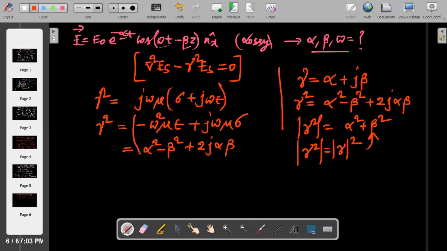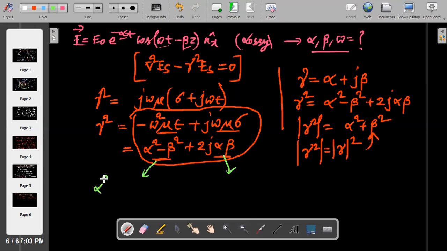Now you compare these two equations. This is your real part and this is your imaginary part, and this is your real part and this is your imaginary part. Now can I write from these two equations, very slowly I'm doing, if you have any query you can ask, alpha square minus beta square is nothing but minus omega square into mu into epsilon? Or we can write beta square minus alpha square is equal to omega square into mu into epsilon.